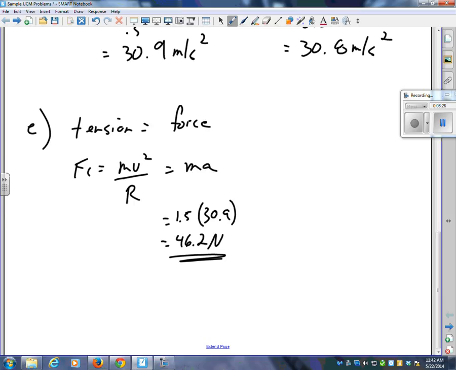Now, if you want, you could go Fc is equal to m 4 pi squared r all over t squared, but that seems like a lot of work because it's going to be just m times 30.8 over here, right? So you've got a lot of tools at your disposal here.